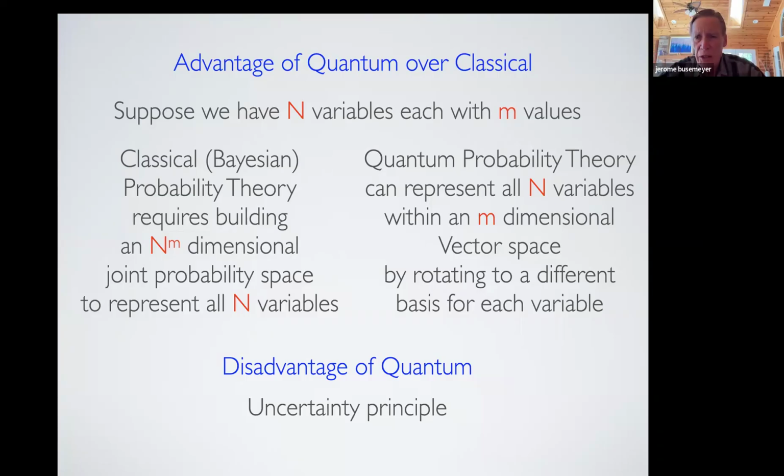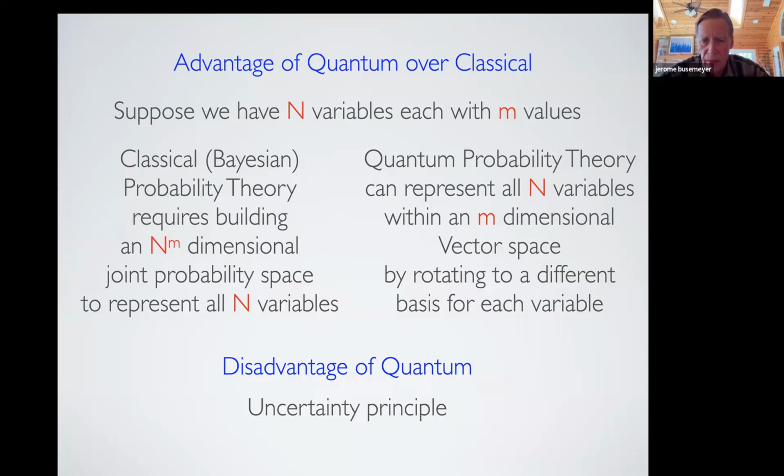And what you could do to represent the n different players in this space is rotate the basis for evaluating the players. And so each player gets a new basis. So as you add players, you stay within a fixed m-dimensional space and only change the basis to represent different players. So the dimensional space doesn't grow as you add new players. It stays m-dimensional.